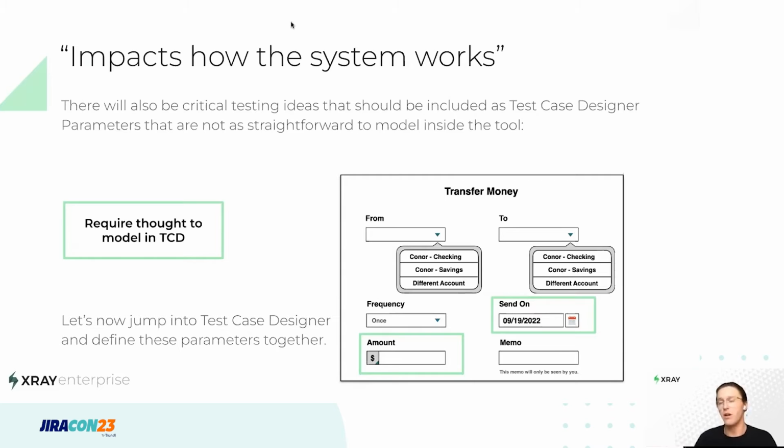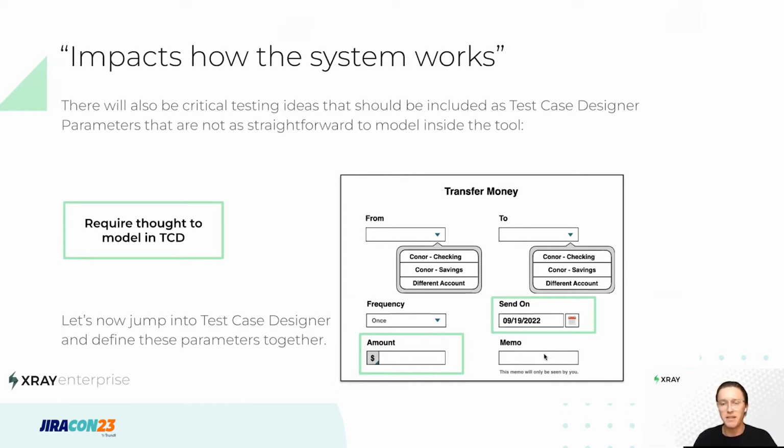And for that reason alone, we need to be smart about how we want to define all of this, because a lot of times you could still get the critical coverage that you need without, let's say, just listing out a million different possibilities for the amount that we could potentially add in the field, right? Or the dates that we could fill out in the future. Let's think about how we actually want to model these in a smart way so that we're not generating too many tests ultimately and listing out too many values, and we're still getting the critical testing coverage that we need.